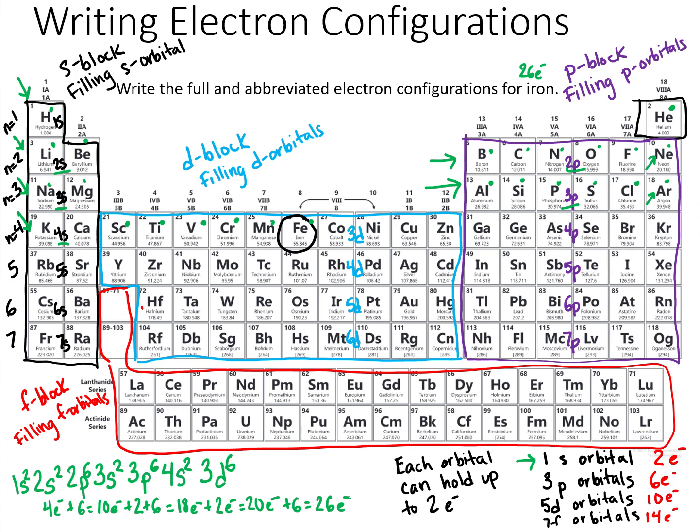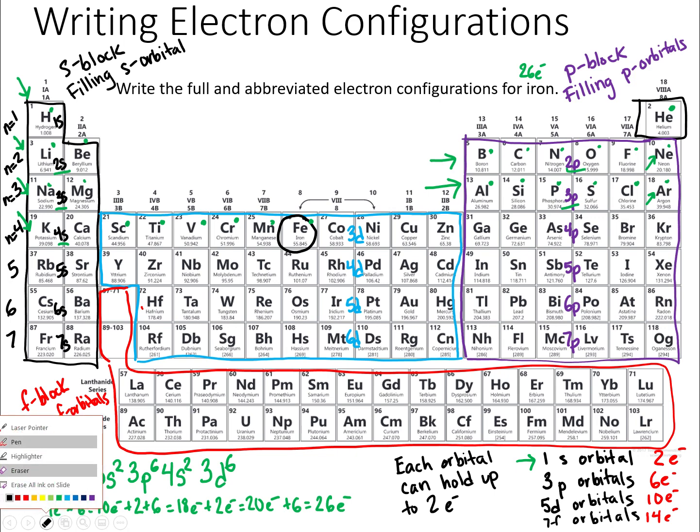Now we need to write the abbreviated electron configuration. I need to make a little bit of room for myself here, so I'm going to rewrite this.